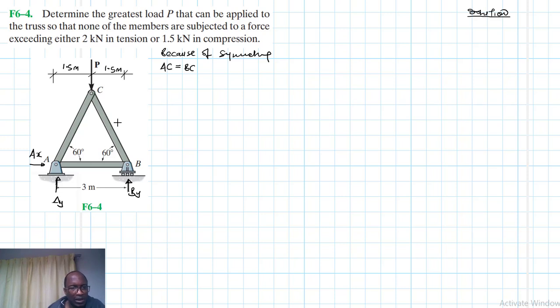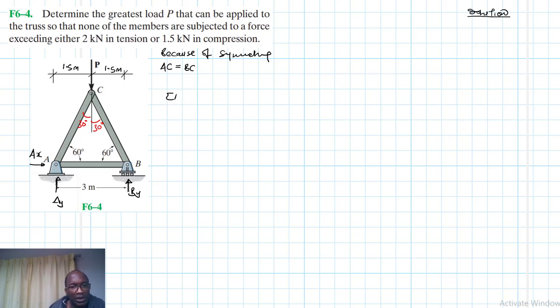All right, and the sum of the internal angles of a triangle is 180. So if this is 60, this is 60. So 180 minus 120, we realize that this is also 60. And if this is 60, then we can share it in between for the sake of calculating the components of these particular forces later on at some point. So this will become a 30, this will become a 30. All right. So now let's start working.